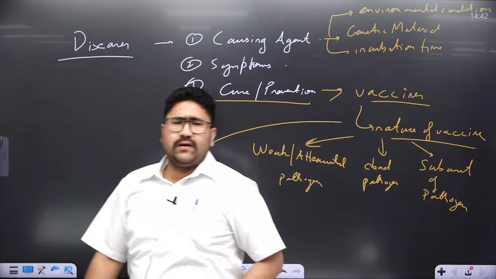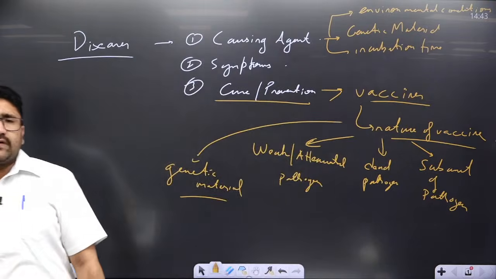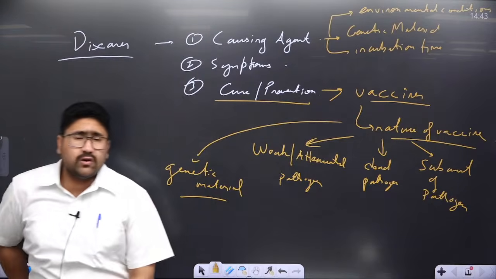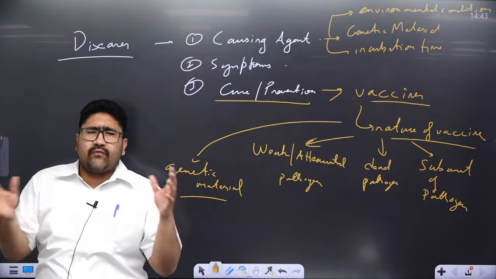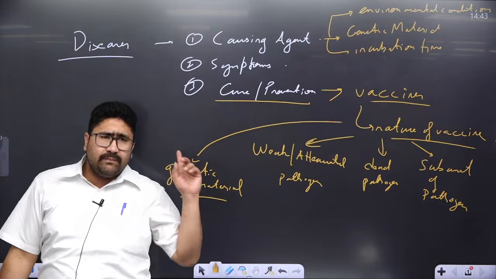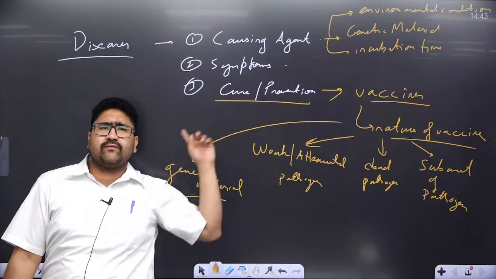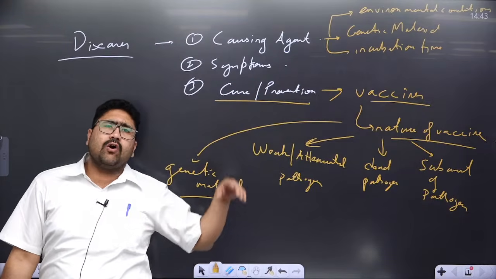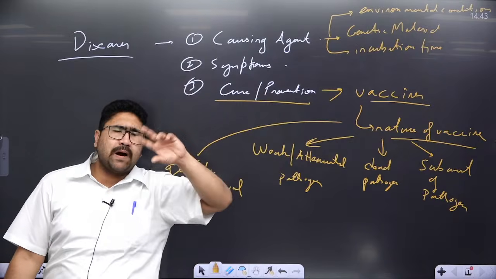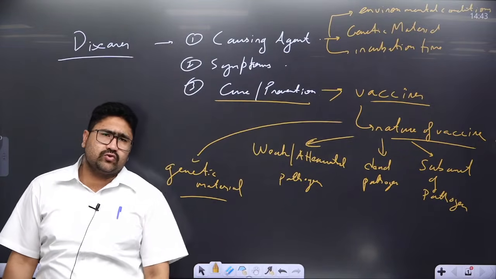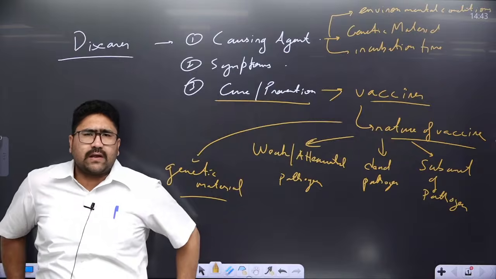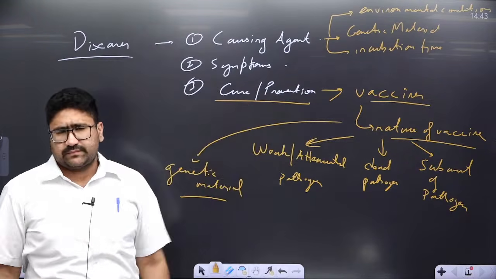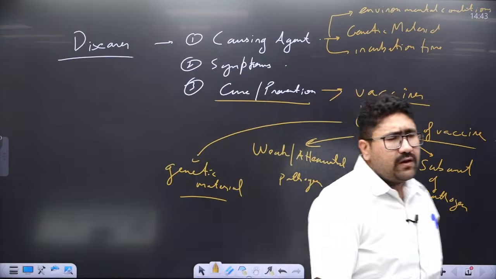So we have different scenarios for making vaccines based on what we use to form the vaccine: genetic material, live but attenuated, live but weak, or dead, or any component of the pathogen. So these are the 4 different ways by which we can make a vaccine. What is the nature of the vaccine used to prevent the disease? That is what the question can be focused on.